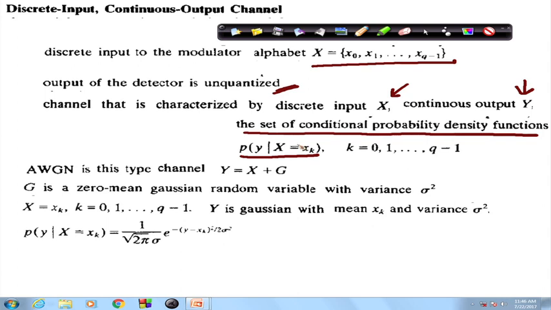Now you can clearly understand that these conditional PDFs carry information about the channel, that means, they are characterizing the channel. So, the noise impact is characterized into these transition probabilities.